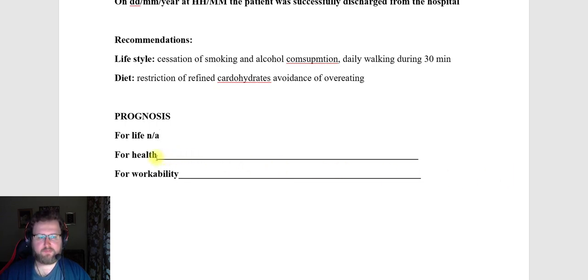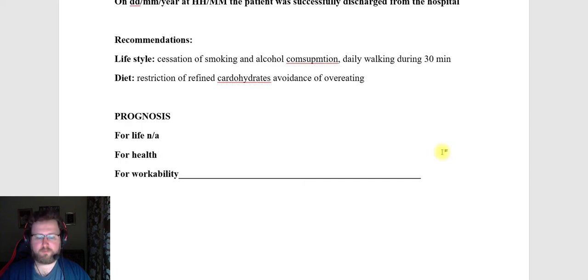For health, well, as he has an operative wound on his abdominal wall, this will turn into a scar, and the scar on the abdominal wall might transfer into an incisional hernia.